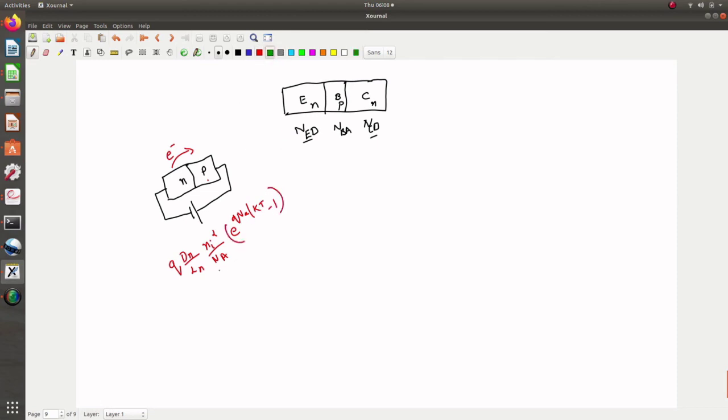Similarly, current due to holes moving from P to N can be given by q Dp by Lp, ni squared by Nd, into e raised to qVa by kT minus 1.